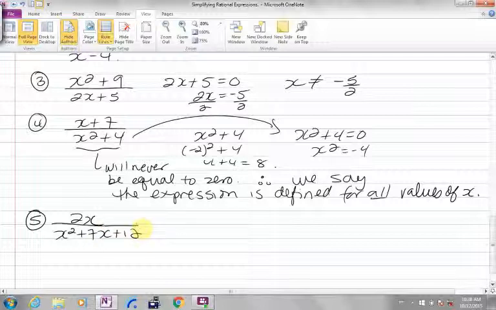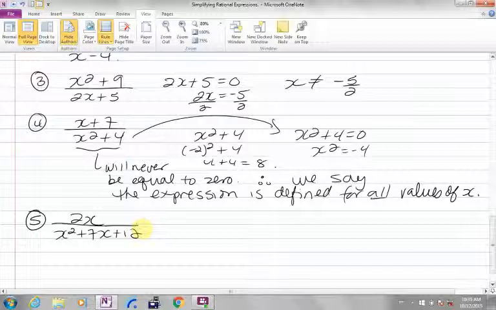State for me the non-permissible values for that one. Anybody have an answer for me?